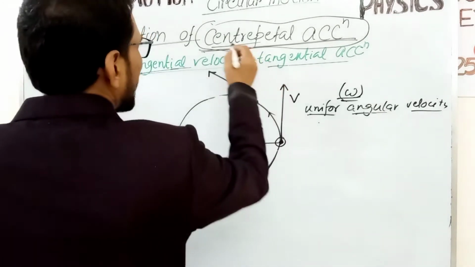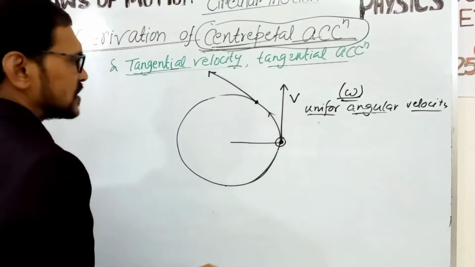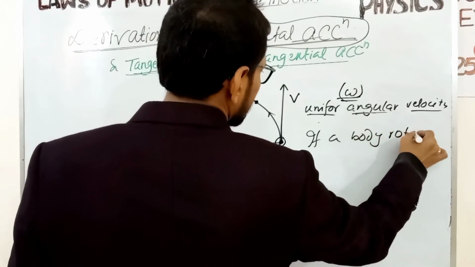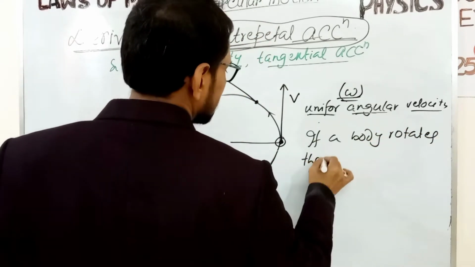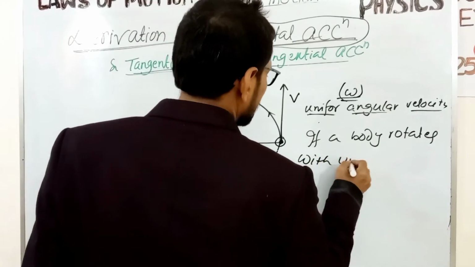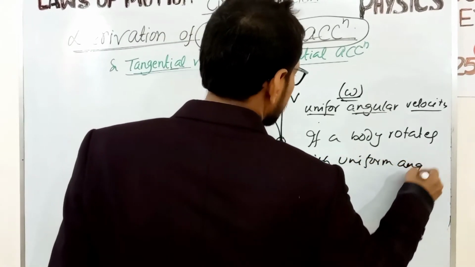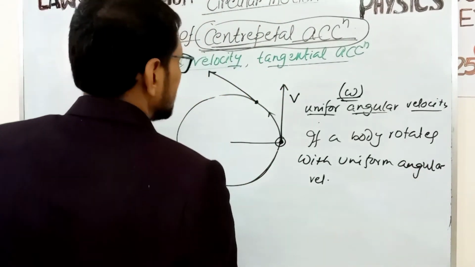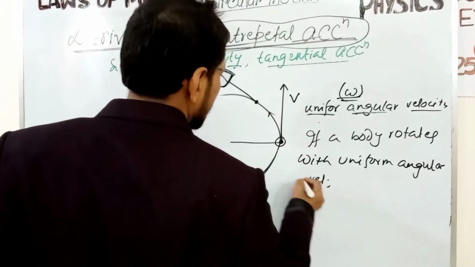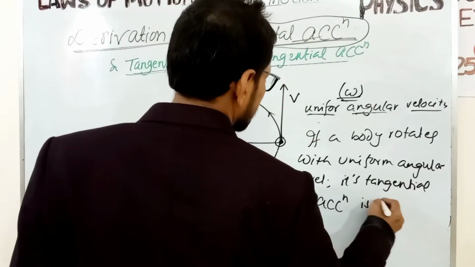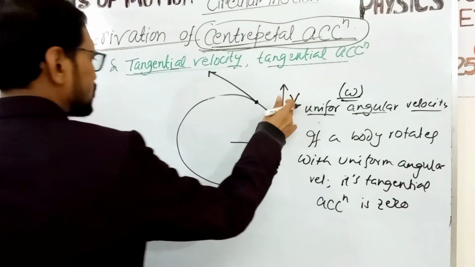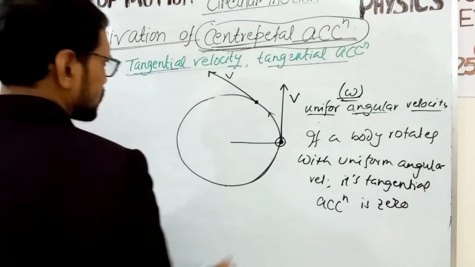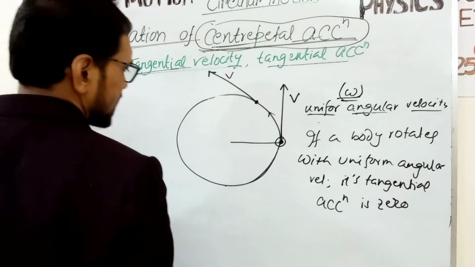Now what is the centripetal acceleration? If a body rotates with uniform angular velocity, then its tangential acceleration is zero, because the magnitude of velocity v is the same here also, there is no change in the magnitude of velocity, so tangential acceleration is zero.